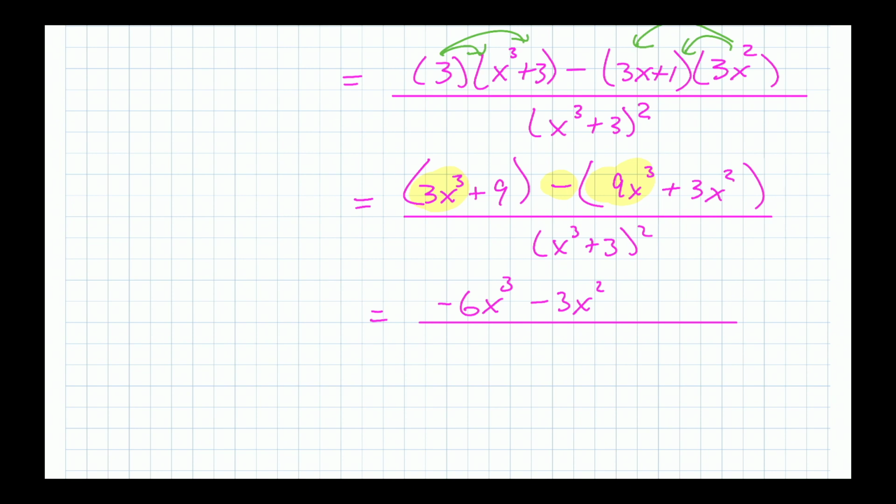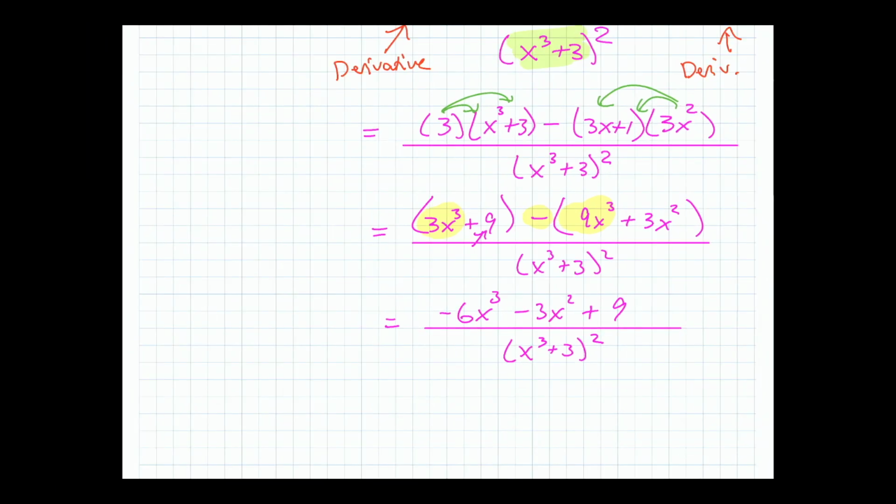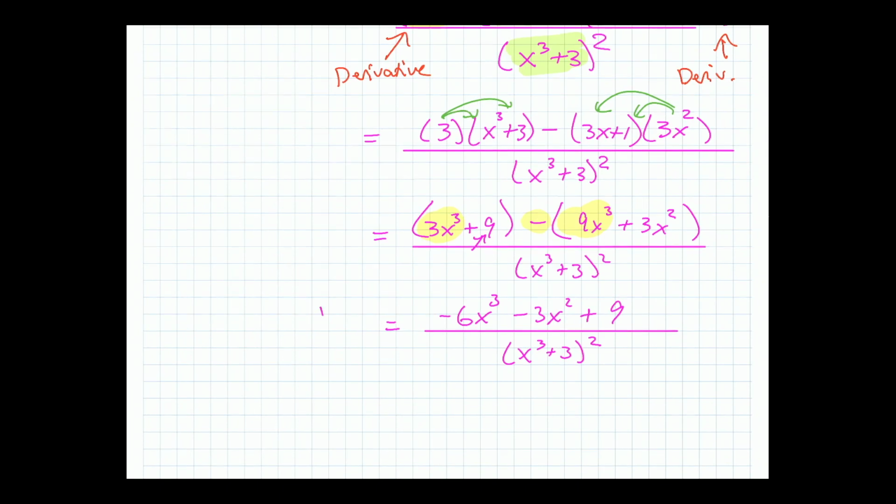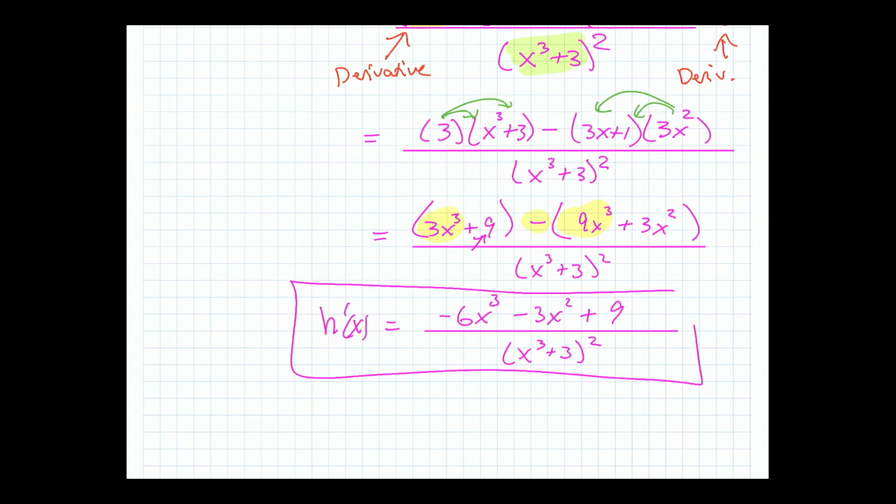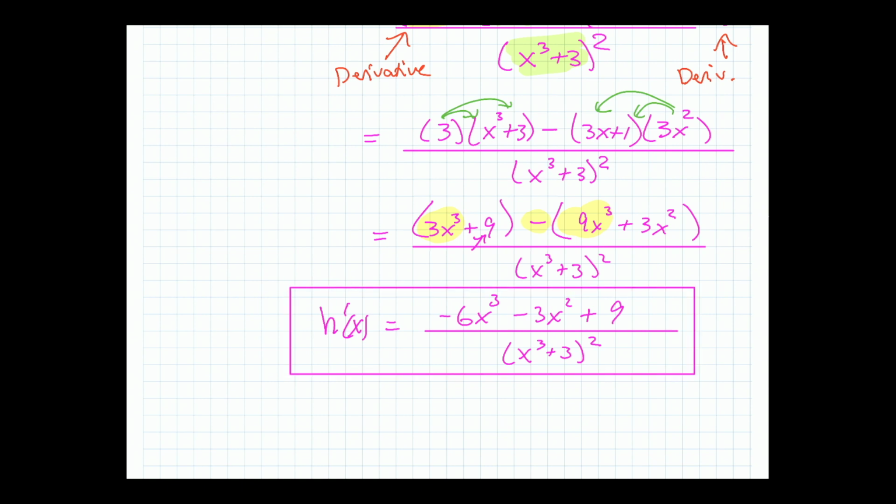So I got minus 3x squared, and then I got this 9 here, so just like that. And I don't think there's anything I can do now, so I am now done. So that is my h prime, I believe I called it. All right, and that's the quotient rule.